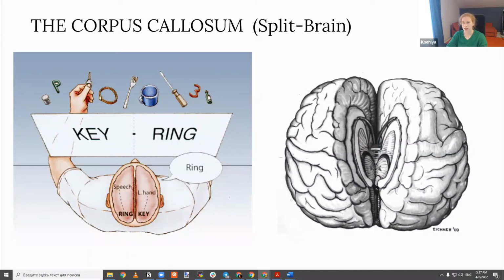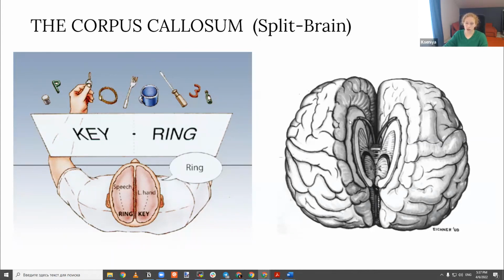These tests were designed to test the patient's language, vision, and motor skills. When a person views something in the left visual field, that is on the left side of the body, the information travels to the right hemisphere of the brain and vice versa.